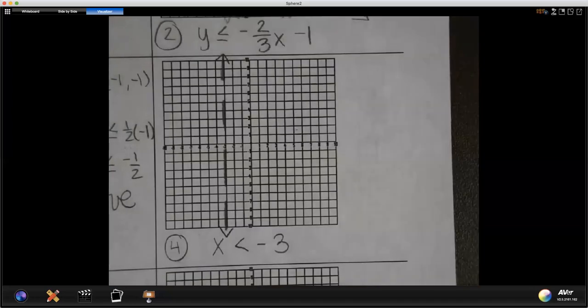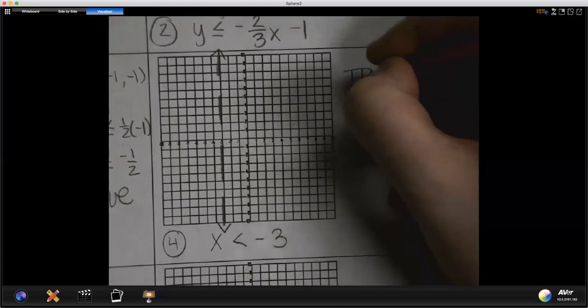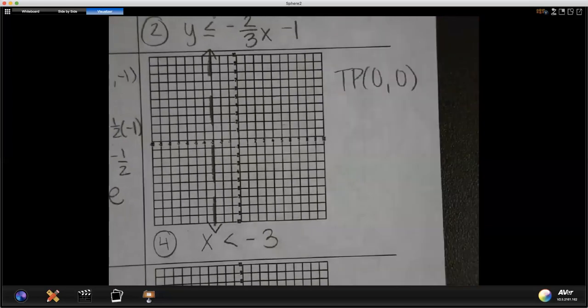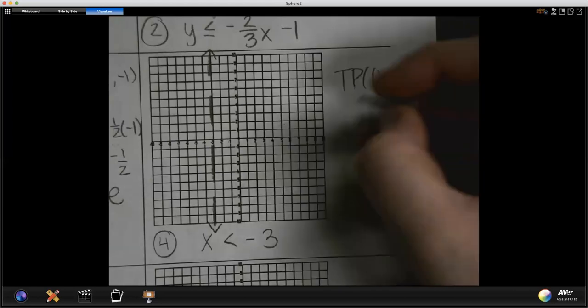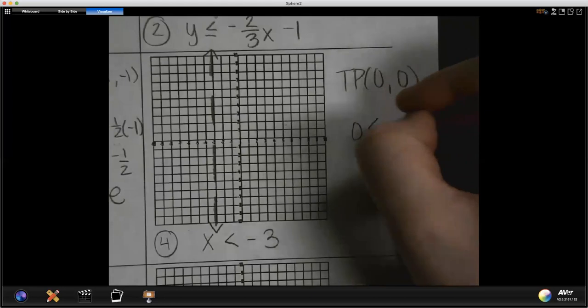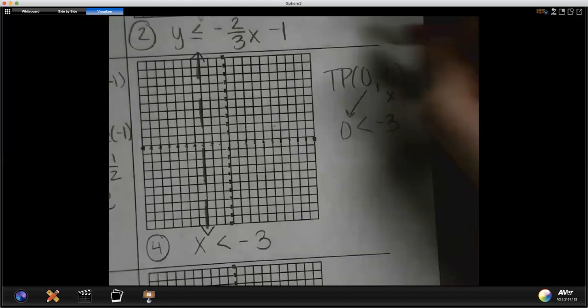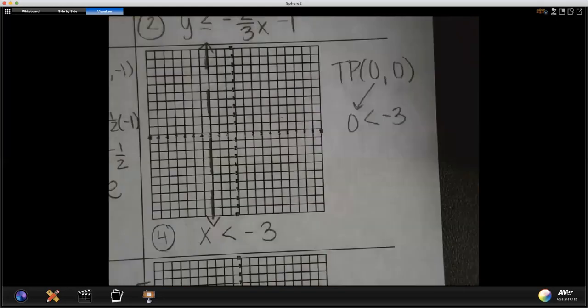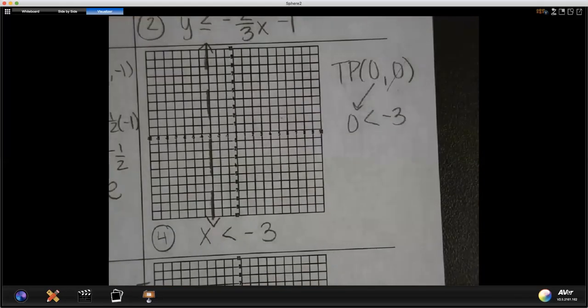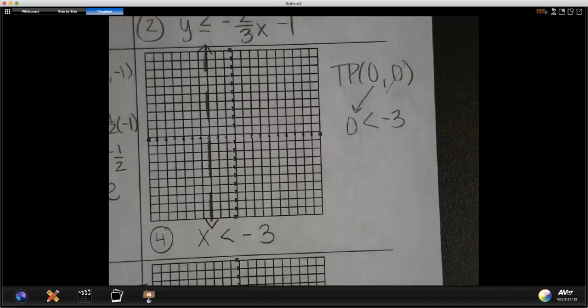Okay, now, could I do the test point 0, 0 in this scenario? Yes. Now, when I go to test the point, is there a place for me to actually substitute the 0 for Y? No, but I could still substitute 0 for X. There's nowhere to put anything for Y because there is no Y. Is 0 less than -3?